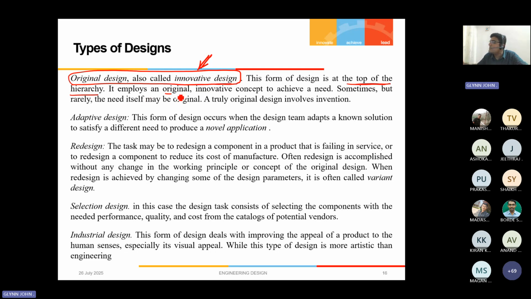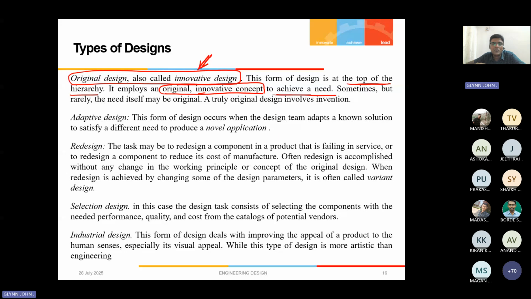It employs an original innovative concept to achieve a need. When you say innovative, it also means totally new or original. But when you say innovation, it means that the solutions existed. You took all those solutions and put them together in a form that gives you something new, right?